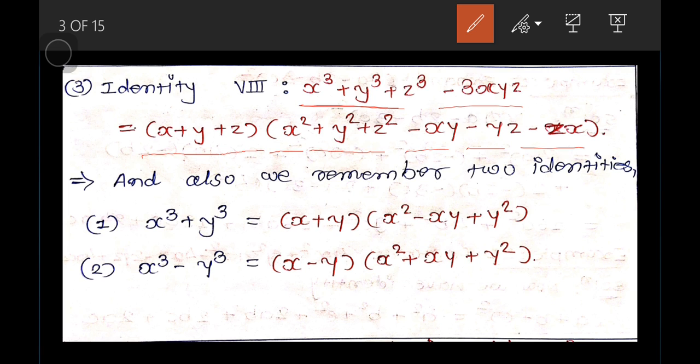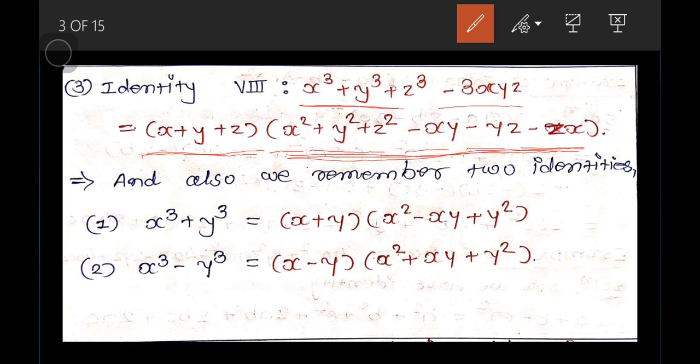Here you can see that in some part it looks like this identity, but remember, don't try to mix these two identities. Here, if it is a cubic polynomial, then we can factorize it as (x + y + z) into (x square plus y square plus z square minus xy minus yz minus zx).